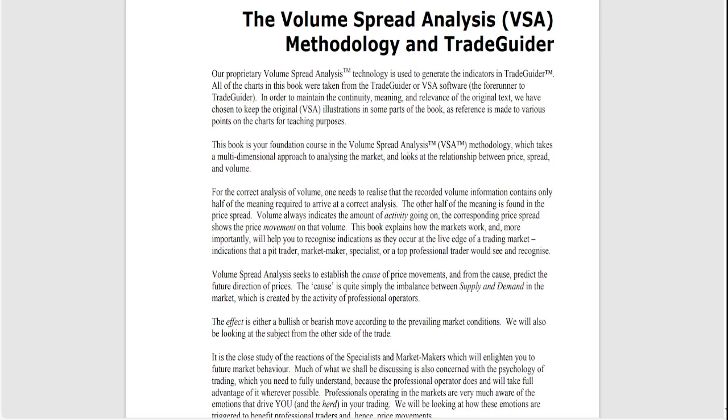And what we do in this method is we use price, meaning candlestick charts. We use spread, the size of the candle. Spread means the size of the candle, high and low. The difference between high and low is the spread. And we use the volume. We use these 3 points in order to trade the market using our method, volume spread analysis. We just need these 3 data elements: price, spread and volume.